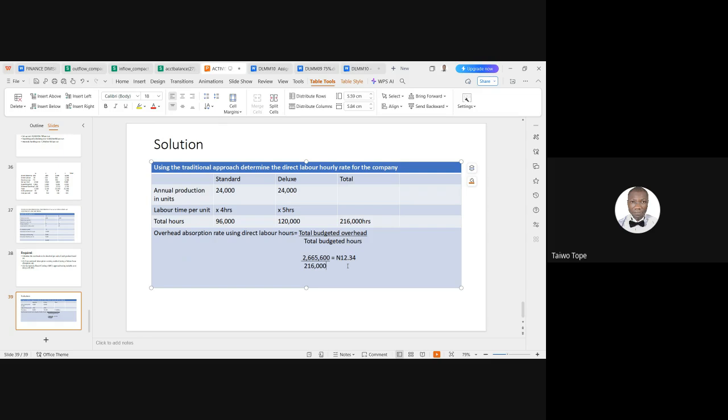So the overhead rate attributable to a unit of standard will be 49 naira 36 kobo.